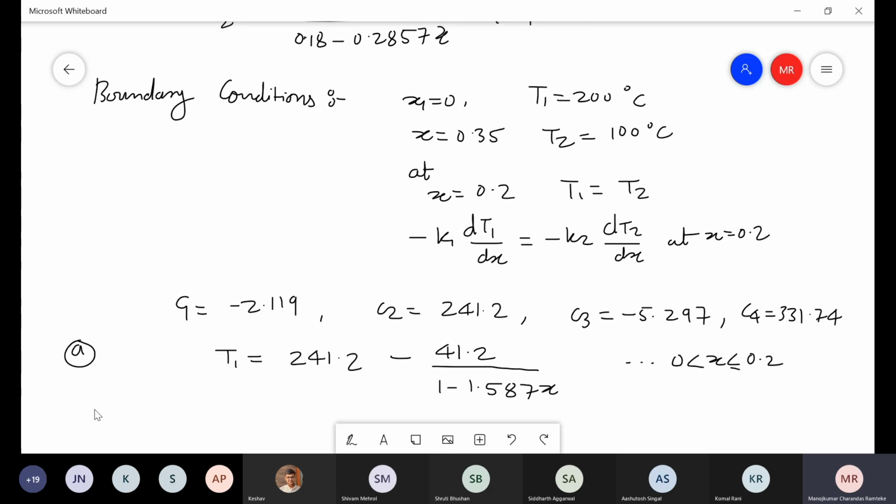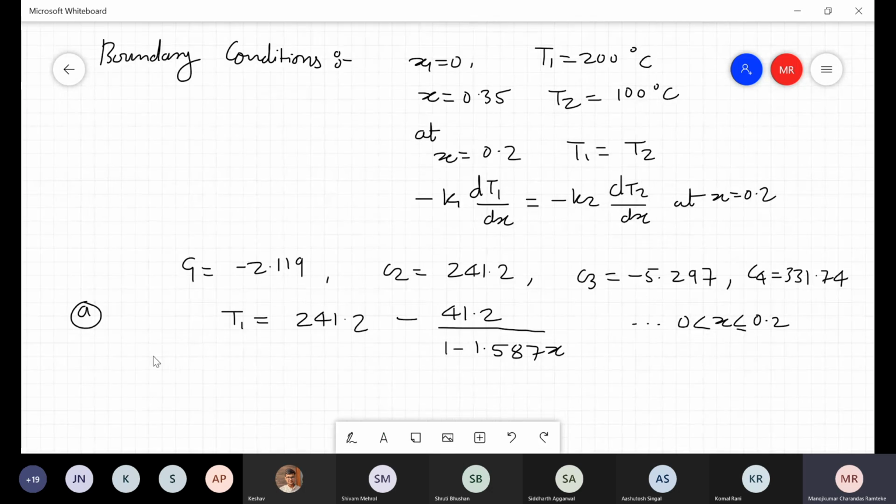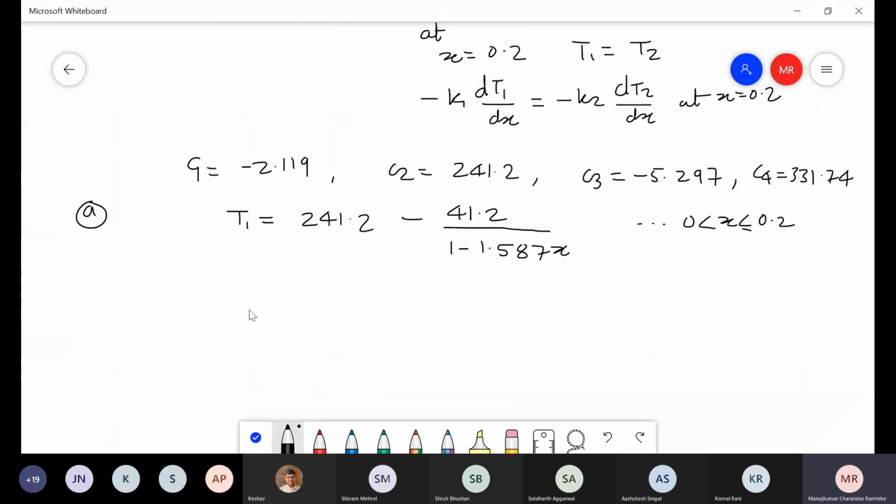Okay. Similarly, the temperature distribution for the second block, T2, will be given as 331.74 minus 103 divided by 1 minus 1.587x, and this is for x between 0.2 and 0.35.